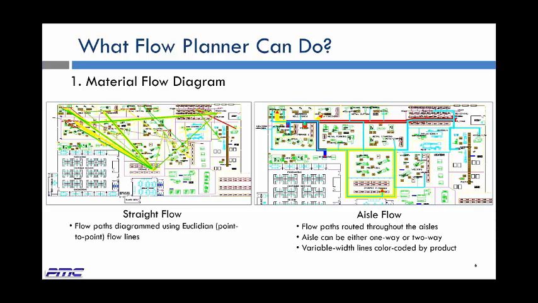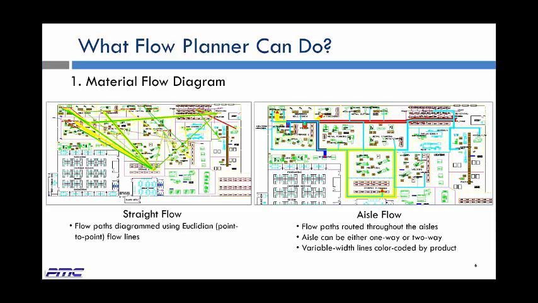So again, what you see on your left-hand side is a straight flow, showing Euclidean flow lines. That's if it's going from a department or a cell or a manufacturing area, you see the straight lines. And in the figure on the right-hand side, it's showing more the parts or the unit loads going through the aisles.